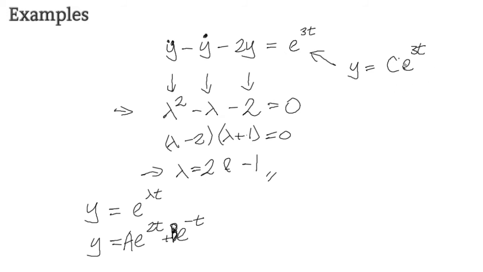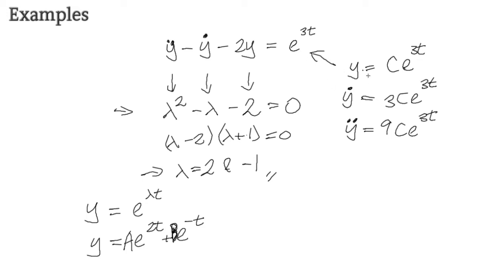You can add a D, but that wouldn't make any difference because D would be 0. Now you can differentiate, and we have 9C e to the 3t over here.